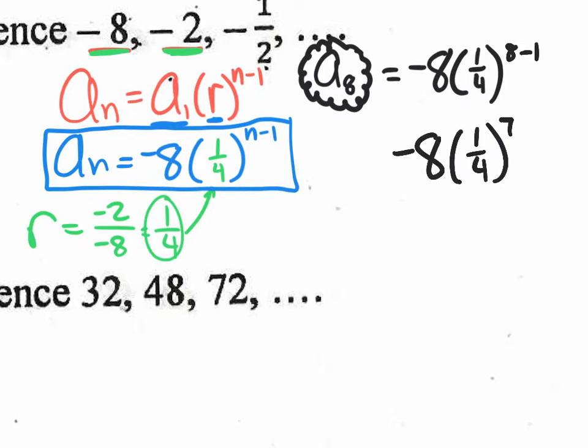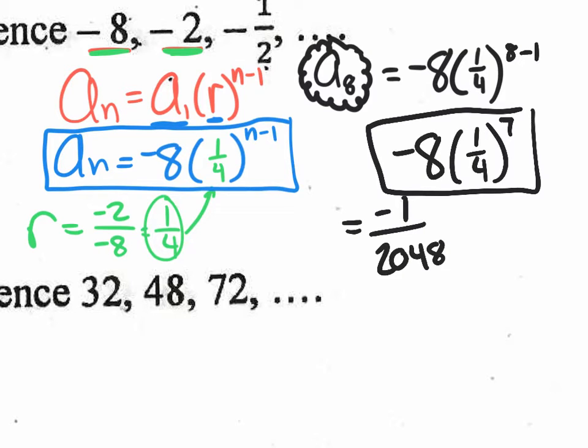If you type it in with the calculator, especially with the Casio, it'll give you the answer as a fraction, negative 1 over 2048. But the Texas Instrument will not give it to you as a fraction. If you type this in exactly the way it is, it'll give it to you as a decimal, negative 0.000488, and so on and so on. But it's still the same thing, still the same answer.